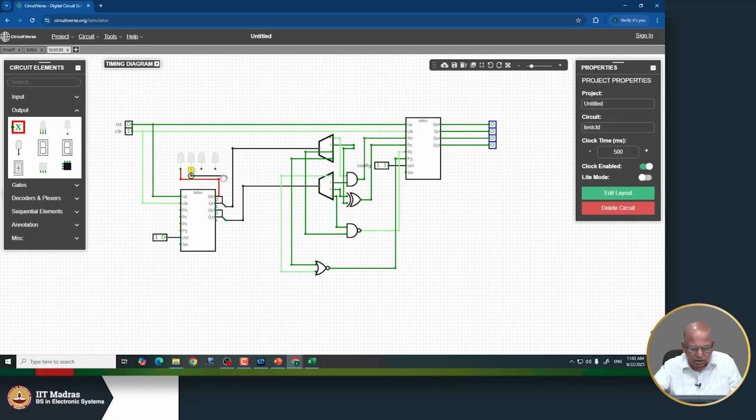Oh, you know what? I think it may be working, but I forgot to reset it to 0001 state. The LFSR will get stuck in the 0 state if you don't do that.